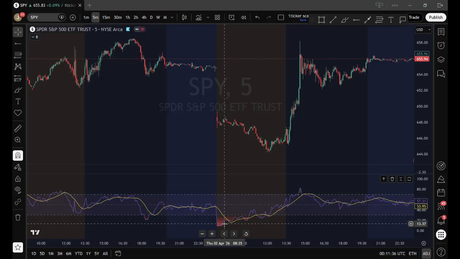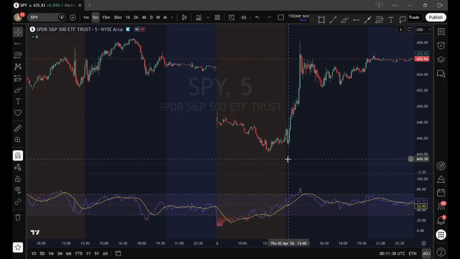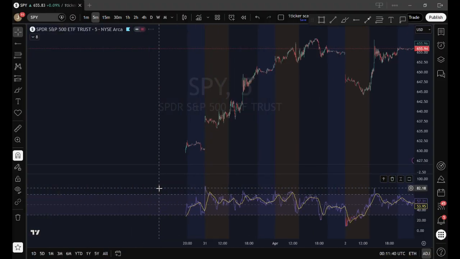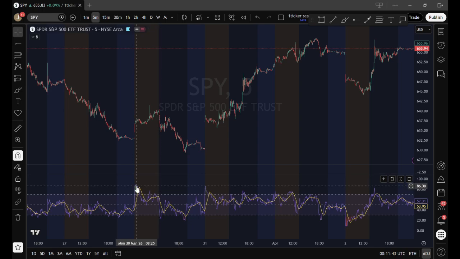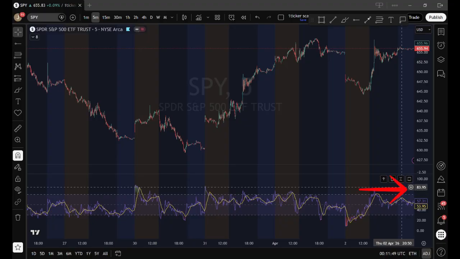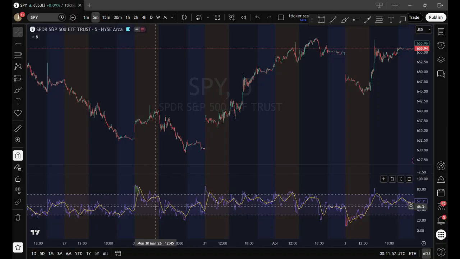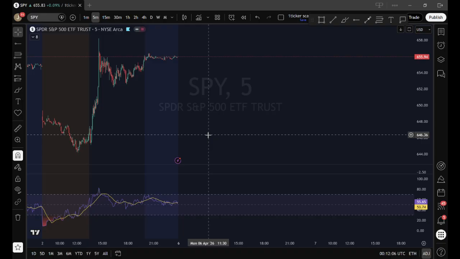We get too far down, we end up going up when we're oversold. When we get overbought, way up here, almost 85, and I'm getting that 85 right here, I'll put a red arrow right here. Down we go, and then we get way oversold, up we go. It tells you the strength of what the stock is doing.